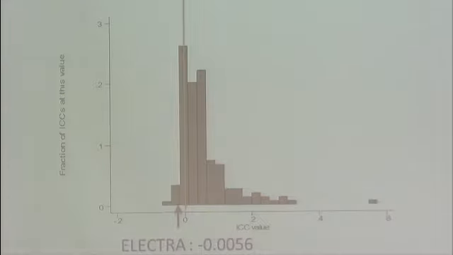There's one outlier here at 0.57, and there's a few that are negative, and our Electra trial came in this bunch where the observed ICCs are negative. I mean, most people working in this area would say that the reason for the ICCs down this end is sampling error, and I would also say that I think the reason for the ICC up this end is sampling error. I believe the ones in the middle.